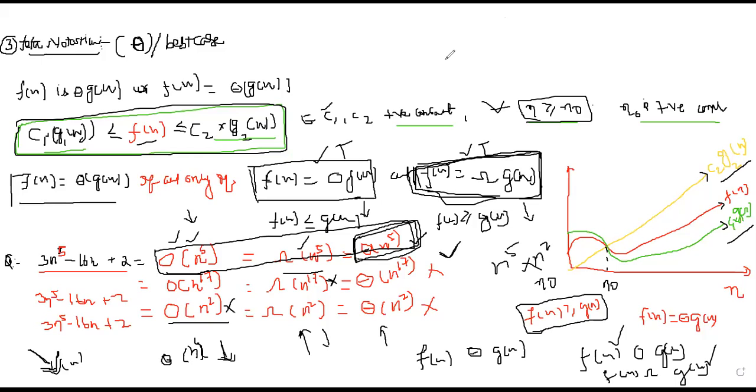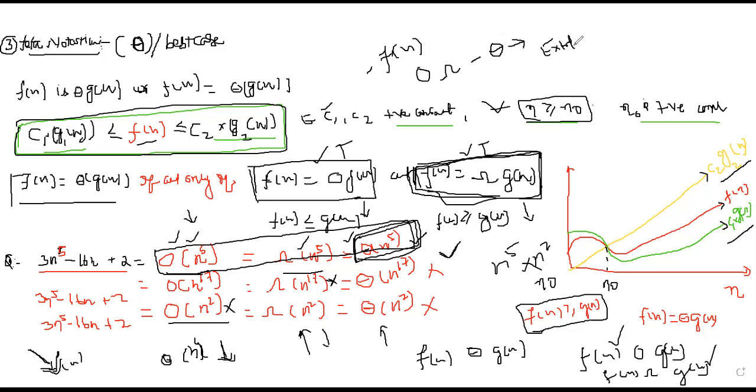No, sir, I didn't find it. Yes, because for any function f of n, you will get multiple answers for big O and omega, but when you find theta there will be only one answer, which is the accurate answer. We call it the exact answer.